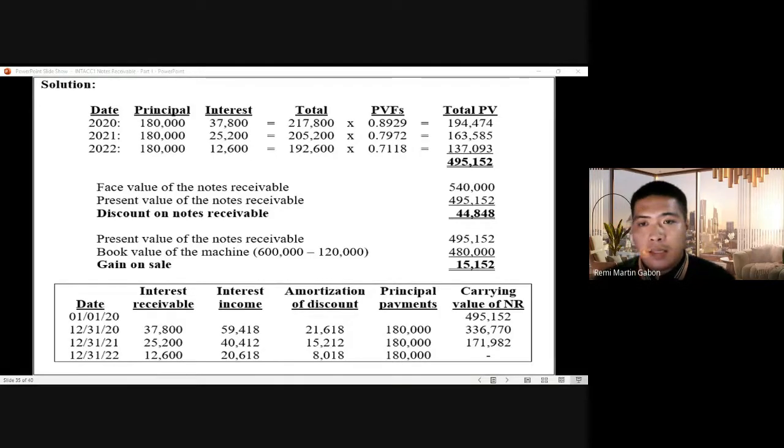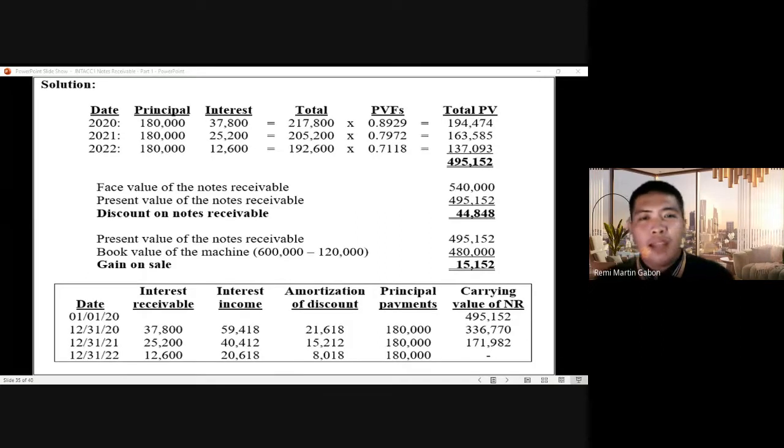Magkano lalabas? Okay, correct. 351,982.